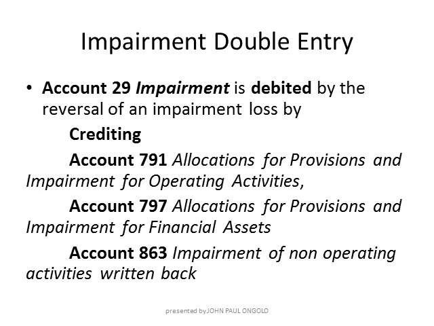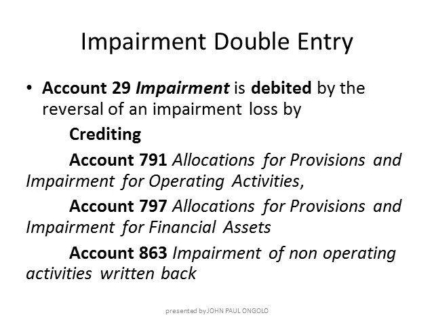So for the same asset, account 29 impairment and account 106 revaluation cannot exist at the same time. So if an asset which was previously impaired has been revalued, we must first offset the revaluation surplus on the impairment that was recognized in the past.